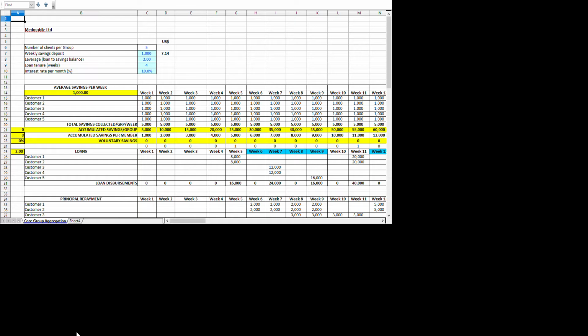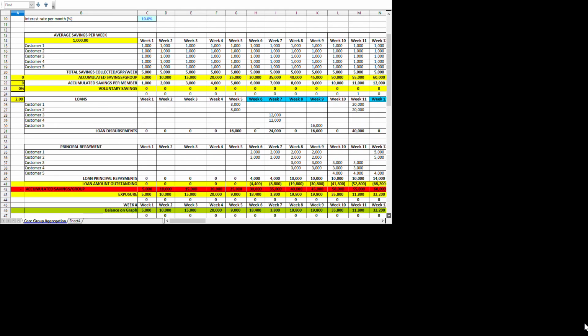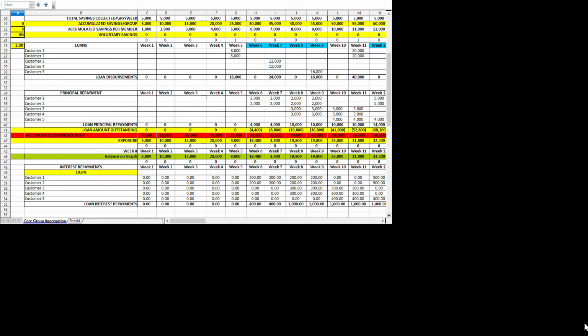Now, going down to rows 25 to 31, here we see the loans. In week 5, column G, you see the first 2 loans going out for $8,000, which is twice the savings of the members at $4,000.